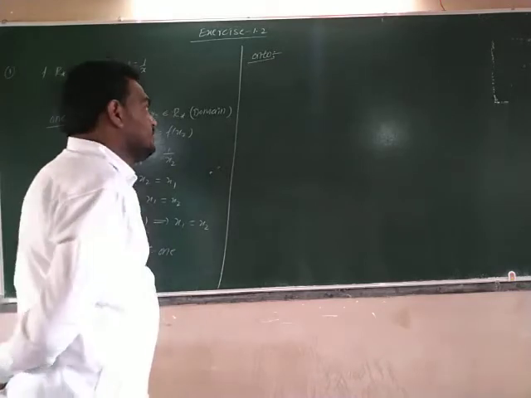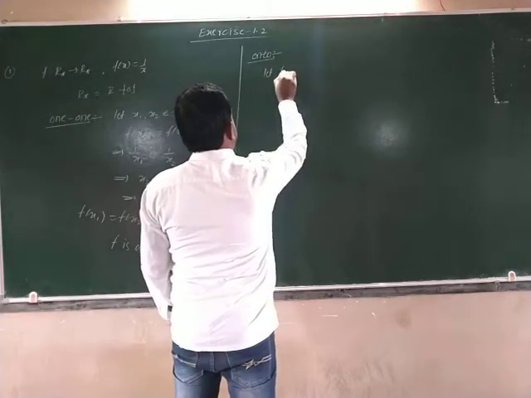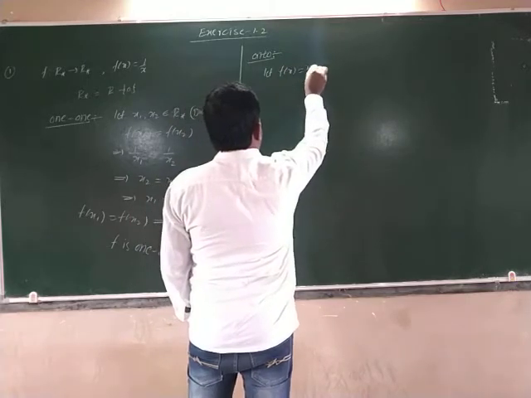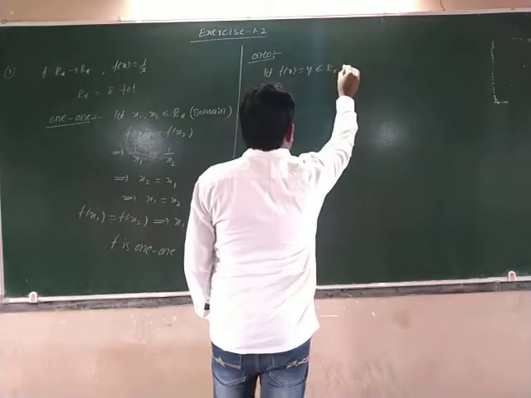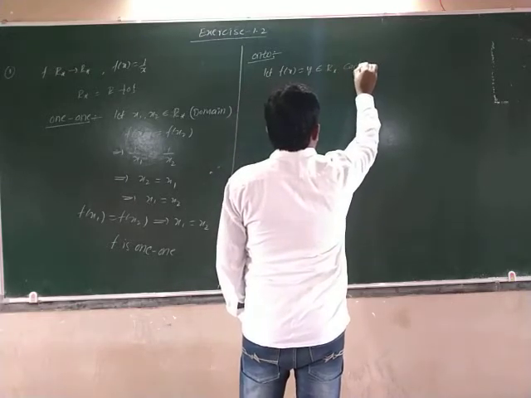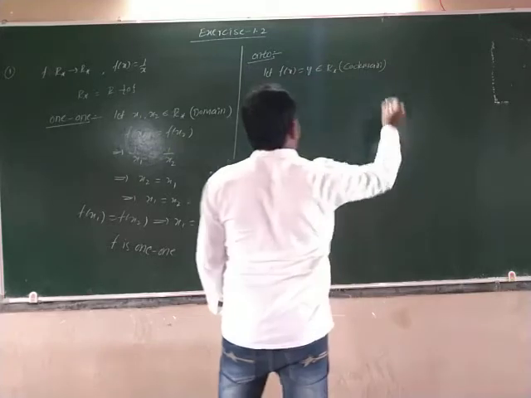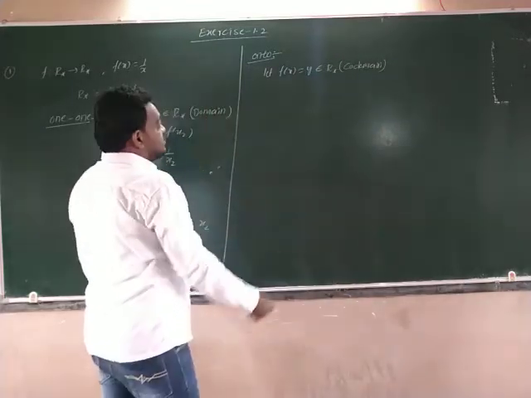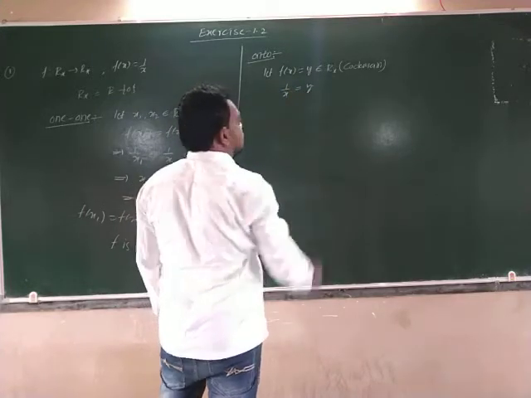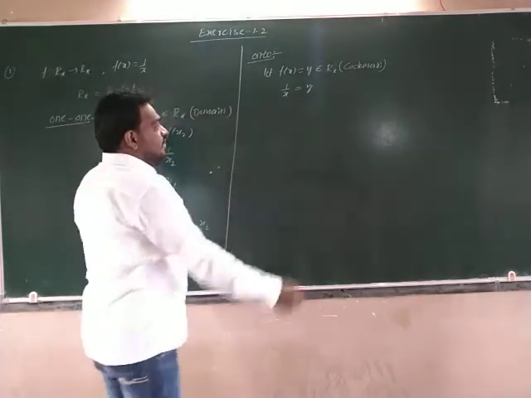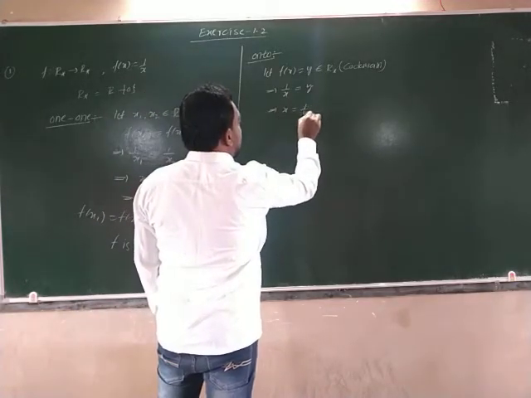Here, let f of x be equal to y. What is y? y is a codomain element. What is f of x? f of x is equal to 1 by x. So 1 by x is equal to y. From this, x is equal to 1 by y.